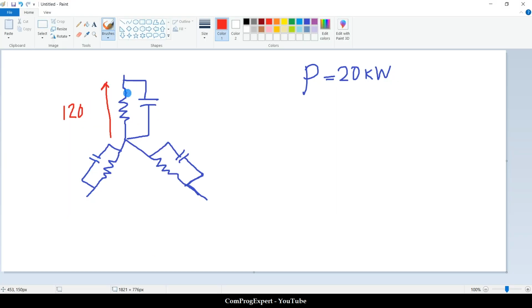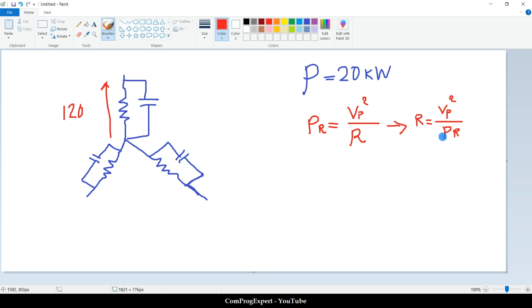So how much is the power loss for one resistor? We know that the power loss for the resistor is equal to V phase to the power 2 divided by R. So R is equal to V phase to the power 2 divided by P_R.